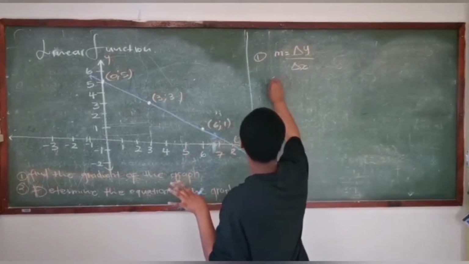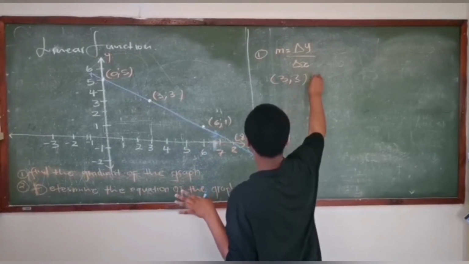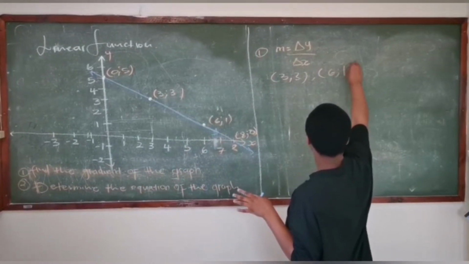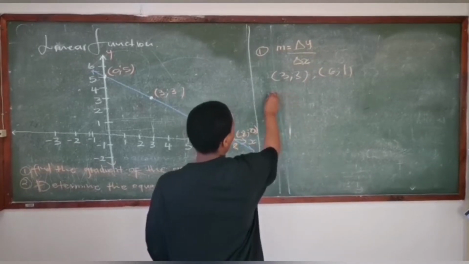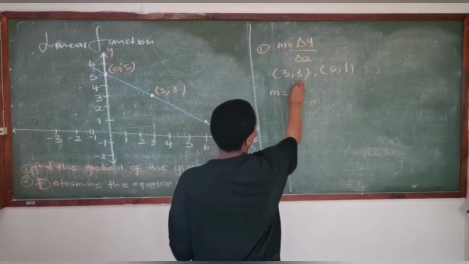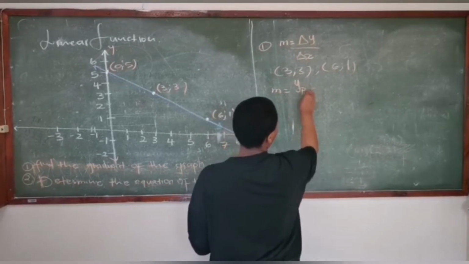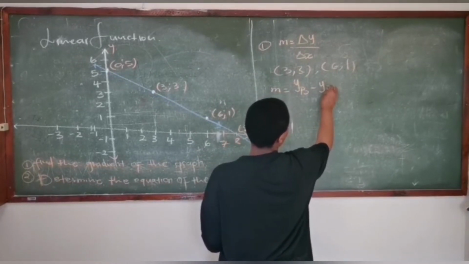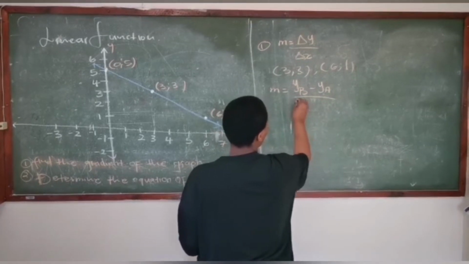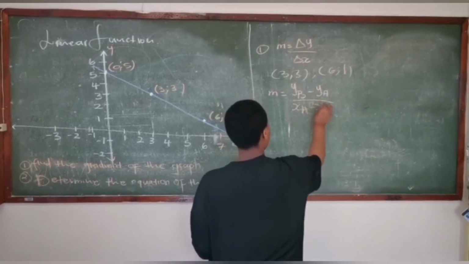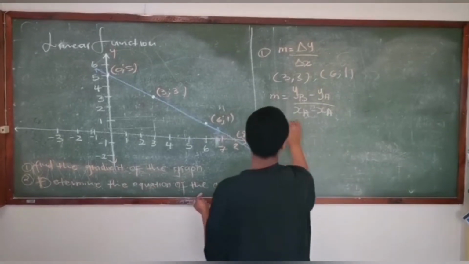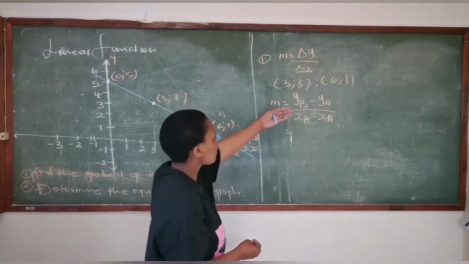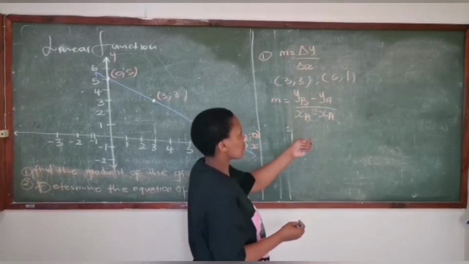So let me write them down. Straight and gray, 6 and 1. So it will be m is equal to y at b minus y at a divided by x at b minus x at a. So now we can substitute, right?